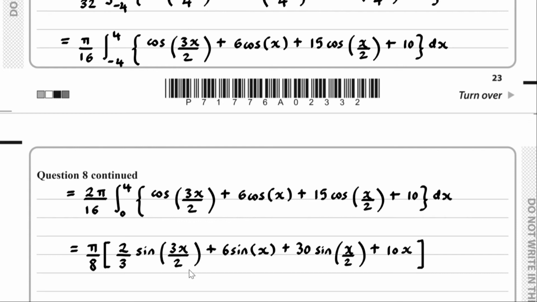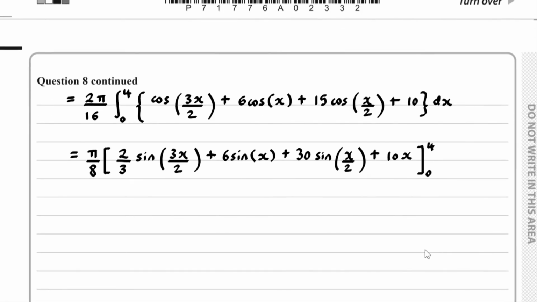So I've got this to evaluate in between 0 and 4. Now, happily for me, I can recognise that for my lower limit, I'll just end up with 0 everywhere.